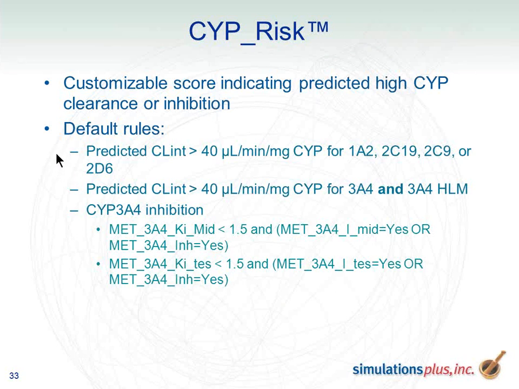The default rules are if the predicted clearance is greater than 40 microliters per minute per milligram of microsomal protein for 4 out of the 5 major CYPs. We also look at 3A4 in recombinant and HLMs, and again the cutoff is 40, but it has to be met for both of these. And then finally we have inhibition models that would get a score. So if it indicates that it's an inhibitor of any of the CYPs, it would have an additional score.